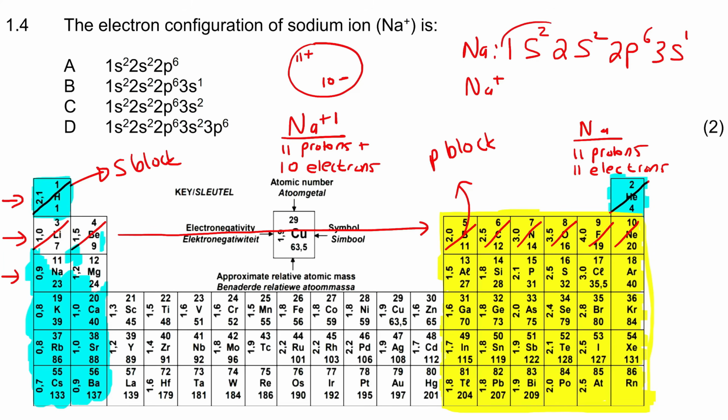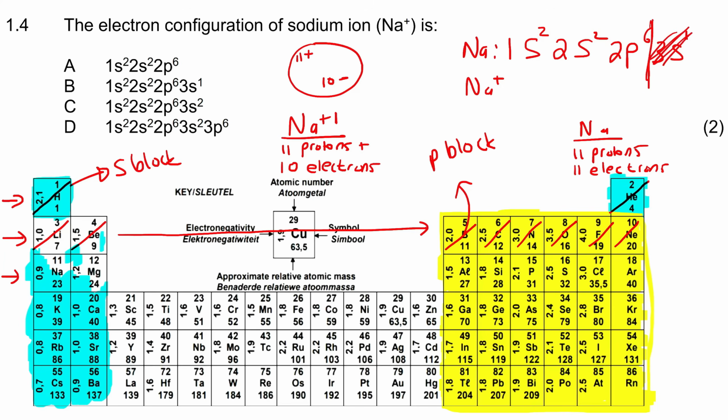Now, remember that this here is called an electron configuration. Did you know that if you add up these numbers, it gives you 11? That's the way it works. So what are we going to do if we only have 10 electrons? Well, then you're going to say 2 plus 2 is 4, plus 6 is 10, and so we can stop there.